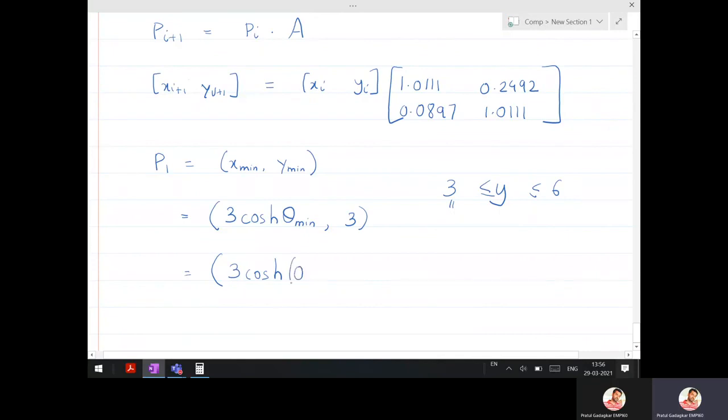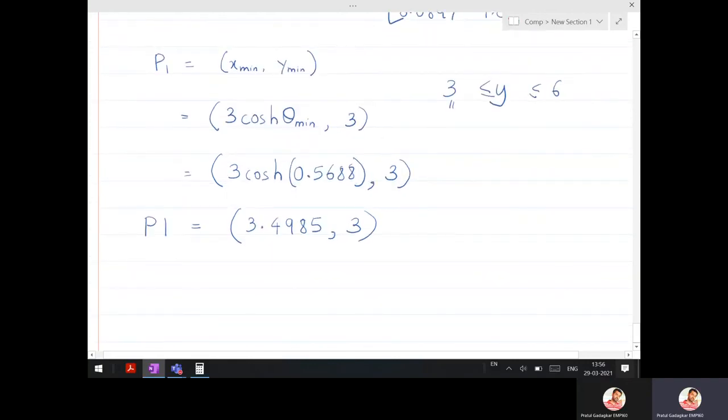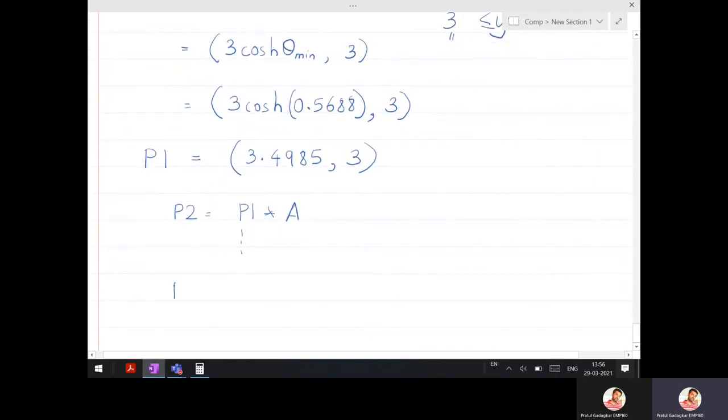Theta min we have calculated above, it comes out to be 0.5688. When I put this in the calculator and multiply it by 3, that comes out to be 3.4985, 3. So this will be the first point of the hyperbola. Accordingly, I will generate the second point as P1 star A, and so on till I get the fourth point, P4 is P3 star A.